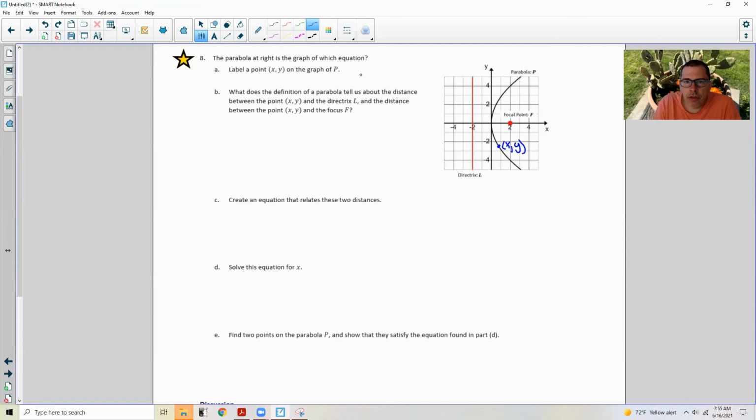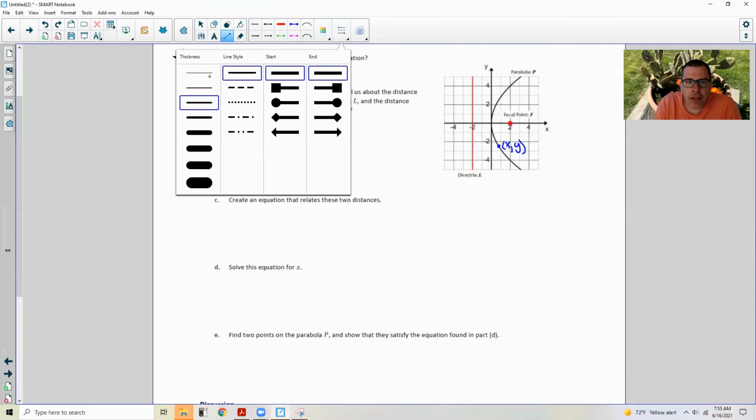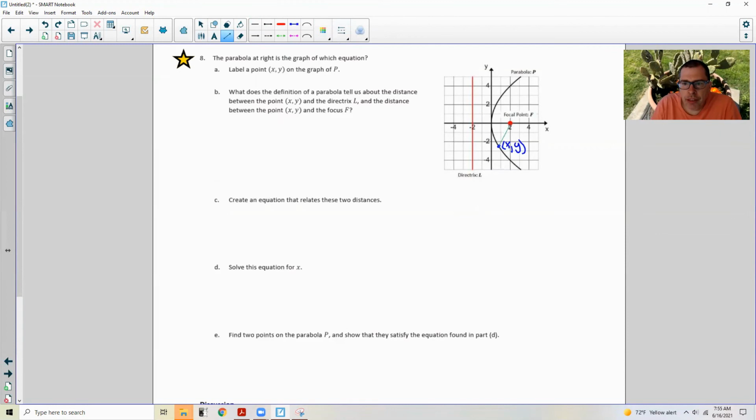Okay, so if I just now took the time here to show you, let's do it in green and thin. If I drew a segment from here to here, and a segment perpendicular to the directrix, those two distances are equal. So it says, what does the definition of the parabola tell us? It tells us that they are equal.